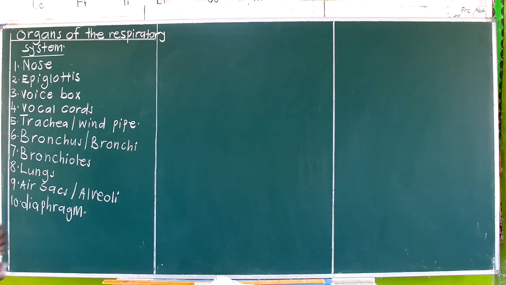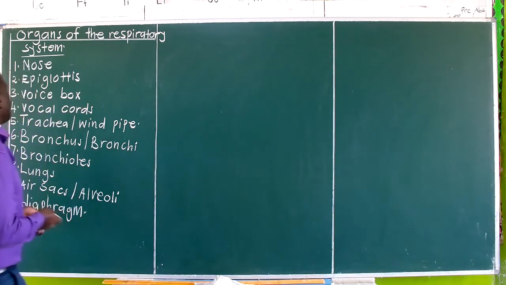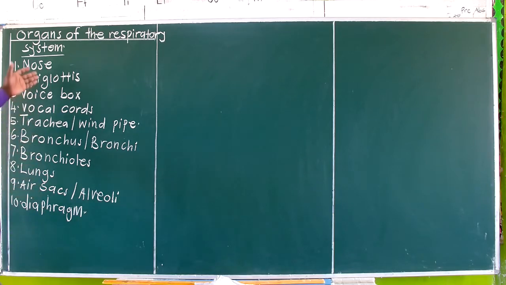So, these are the organs of the respiratory system. We have the nose, epiglottis, voice box, vocal cords, trachea or windpipe, bronchus, bronchi, bronchioles, lungs, air sacs or alveoli. Then lastly, we have what we call diaphragm.